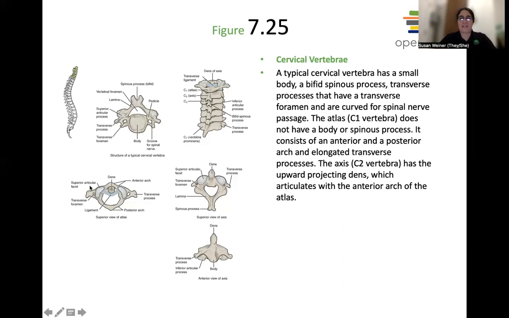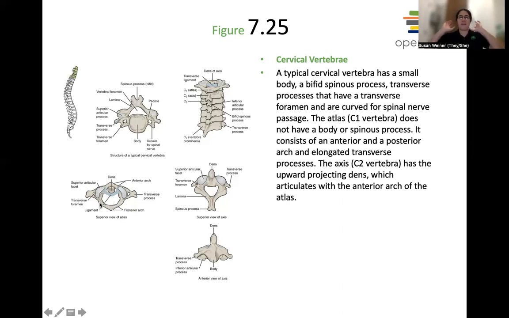So the atlas doesn't have a body. It's not in this basic structure. It's a very distinct shape. It's just got this opening and a little space that's actually going to allow it to hold the skull on these facets, and an opening here for the dens, which we'll talk about in a moment.